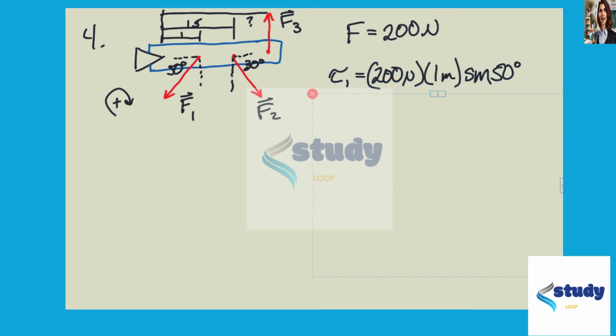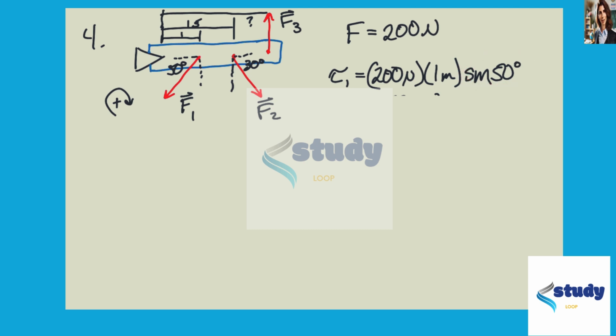So each of the loads has a magnitude of 200 newtons. For the first load, we can figure out the torque that it exerts around this pivot point. The vector from the load to the pivot point is here, and the angle that it makes is 50 degrees.